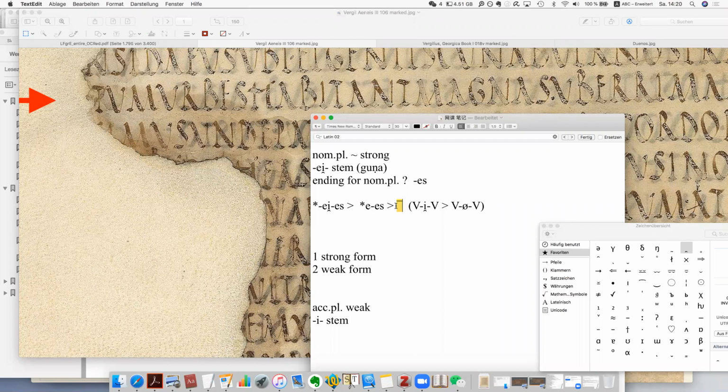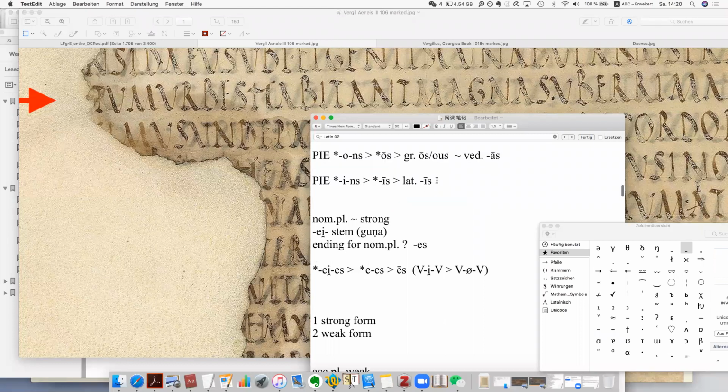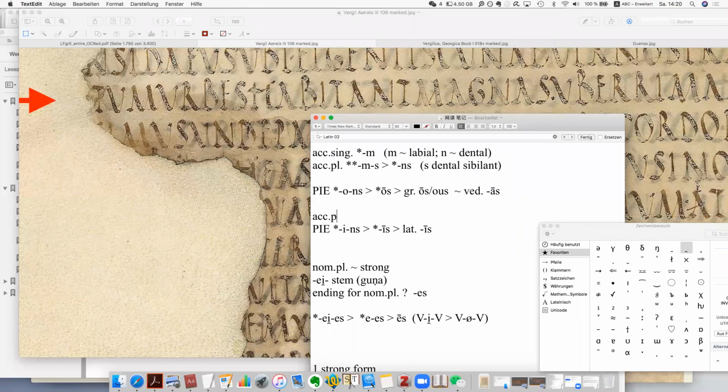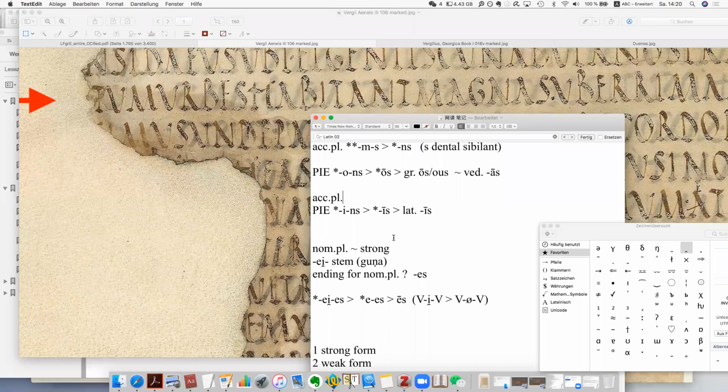So this is the logic for the nominative plural, and this is the logic for the accusative plural. I hope it's clear, right? It's a little bit complicated, but you have to know the logic.